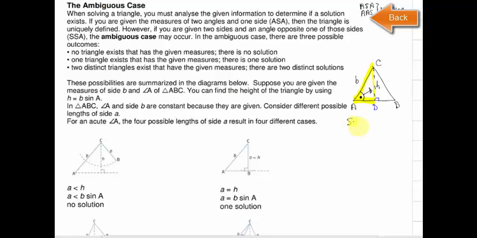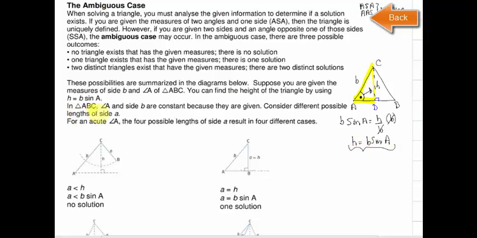So the sine of A is equal to H over B. Now if you take a look over here, they're telling us that H equals B sine A. Well, I can get that by multiplying both sides of this equation by B, and so I get that H is equal to B sine A. So this expression will give me the height of my triangle.